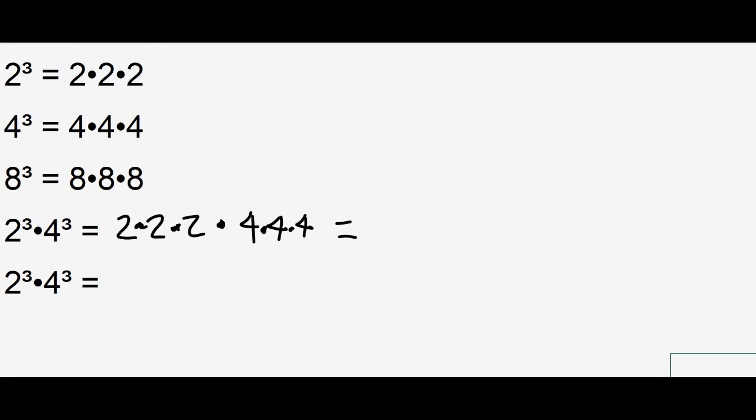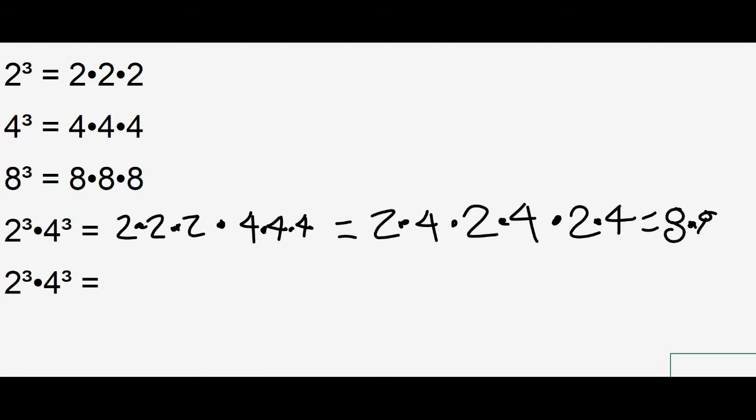If it's all multiplication, we can multiply in any order we want. And I want to multiply in this order because now I have 2 times 4 times 2 times 4 times 2 times 4, which is 8 times 8 times 8. So if I have 2 to the third power times 4 to the third power, that ends up being 2 times 4 to the third power, or 8 to the third power.